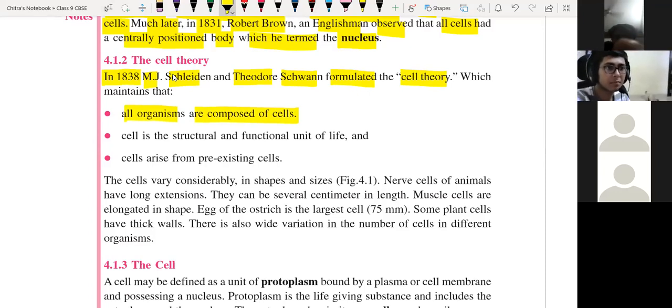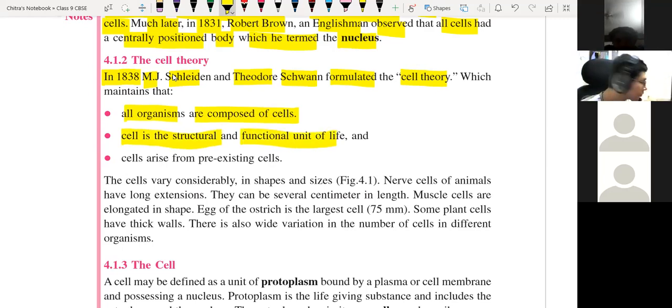Human beings are multicellular organisms composed of many different types of cells. So the first postulate is that all organisms are composed of cells. The second postulate is that the cell is the basic structural and functional unit of life.